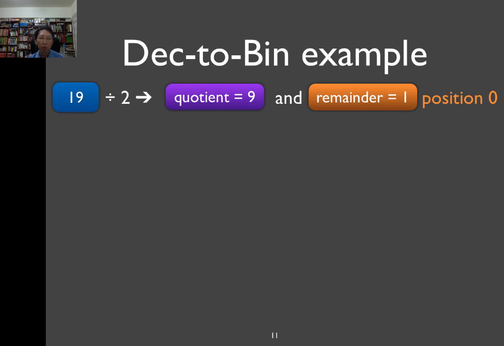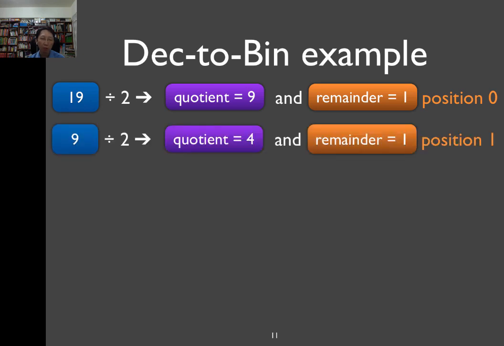19除以2，我们得到了商是9，然后余数是1。这个余数呢，就是我们得到的第一个位元。This quotient 9 is not 0 yet, so we will continue the division. 9除以2，这一次呢，商是4，余数是1。那这个余数呢，又是另外一个 bit.